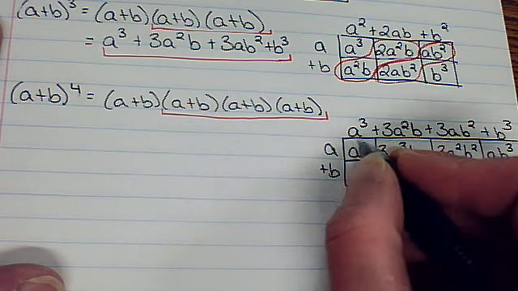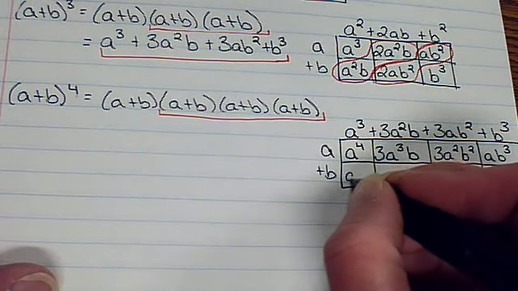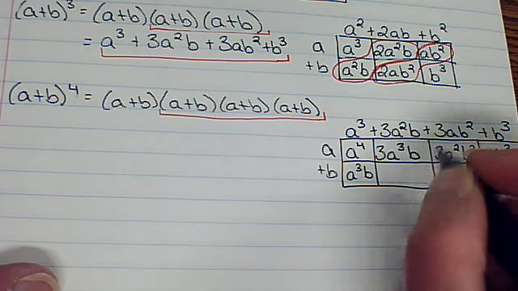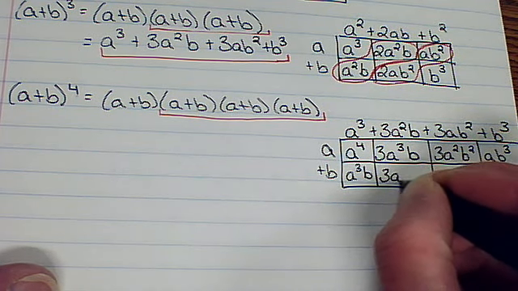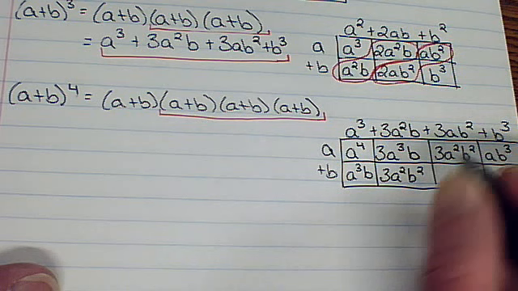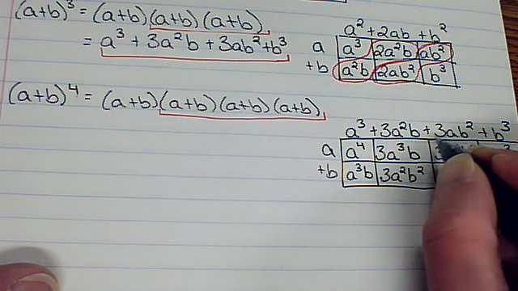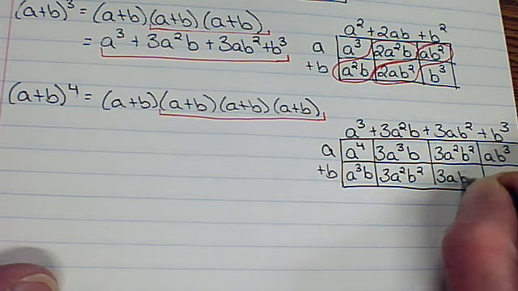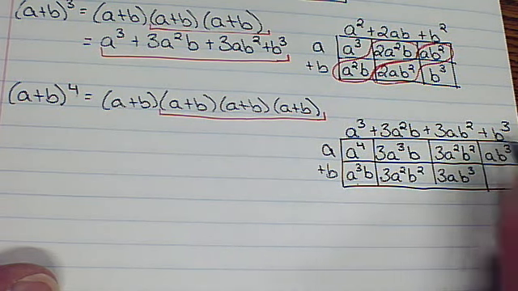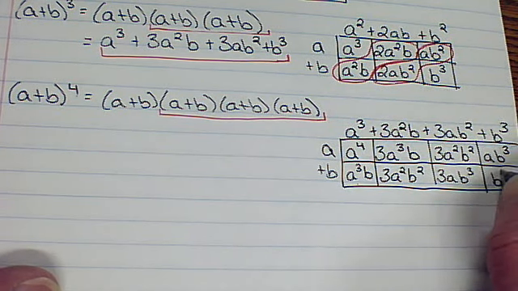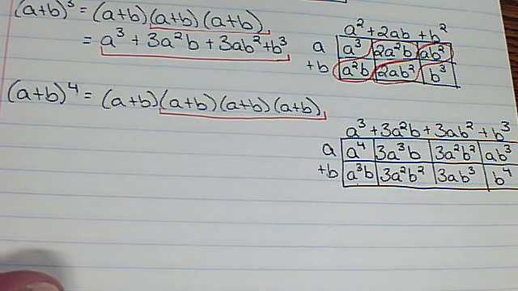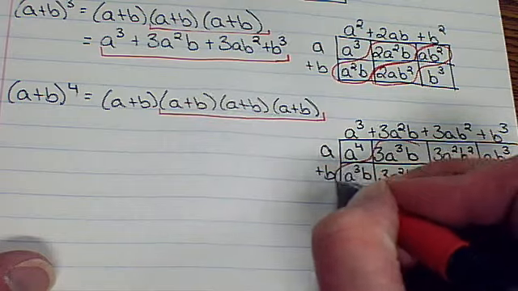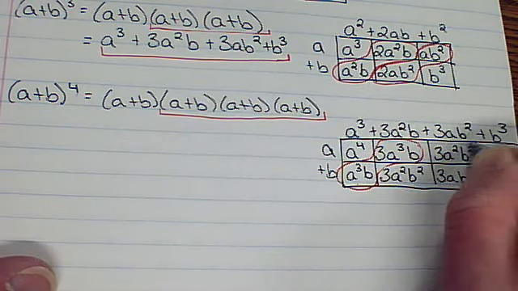Now, b times a cubed is going to give me a cubed b. B times 3a squared b gives me 3a squared b squared. B times 3ab squared gives me 3ab cubed. B times b cubed gives me b to the fourth. Like terms, beautifully enough, end up being in my diagonals.